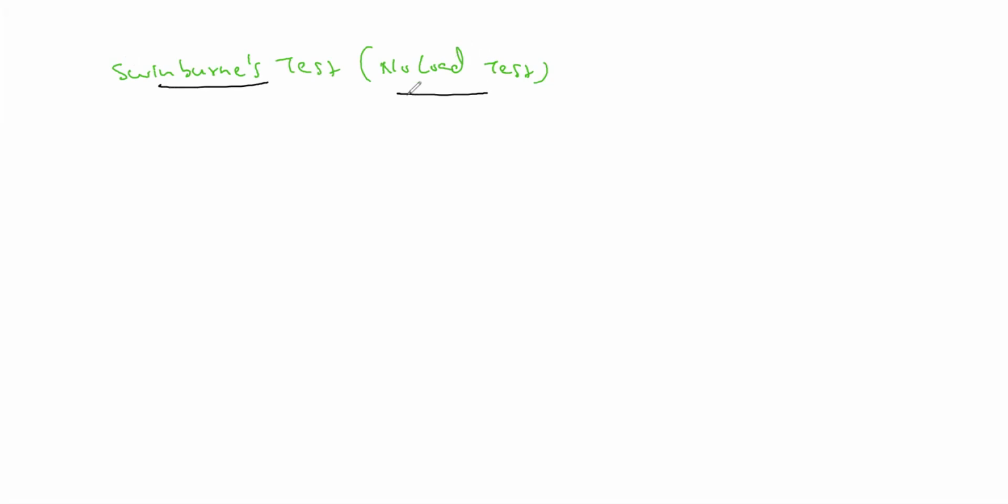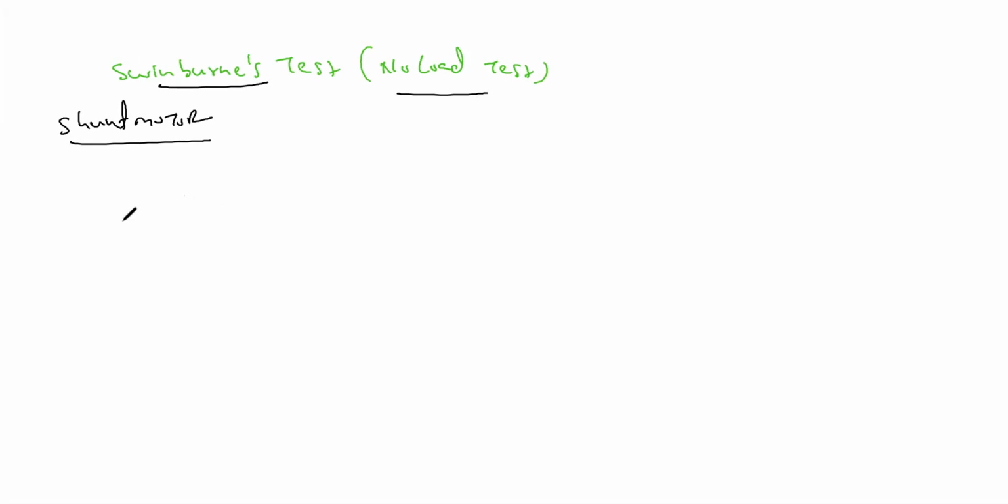Swinburne's no load test. It is only on the shunt motor. Not to be performed on the series motor. No load में operate कर दिया तो क्या होगा? Series motor will run at very high speed.